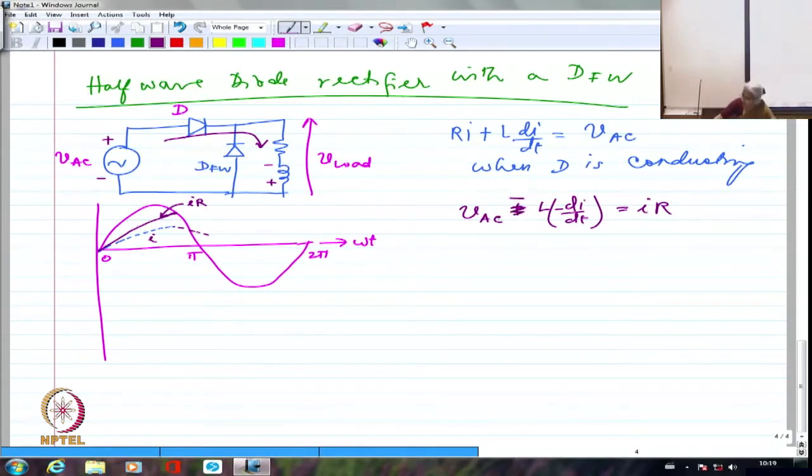Now, when the voltage is coming into the negative half cycle, this is going to be plus and this is going to be minus in the reverse half cycle.